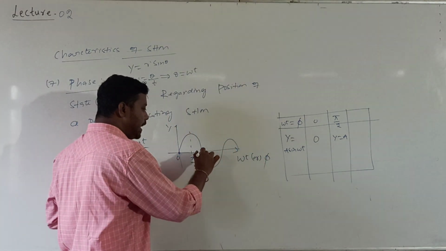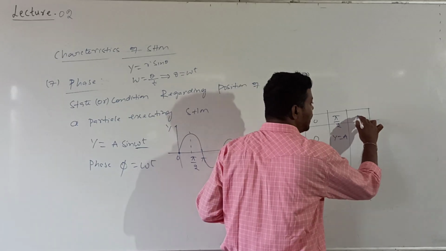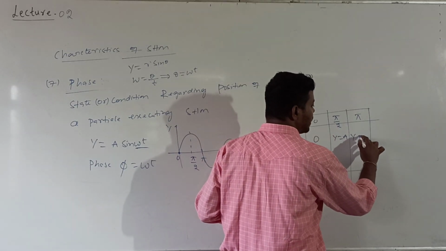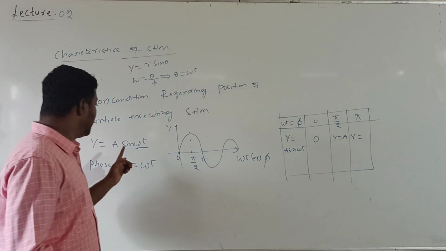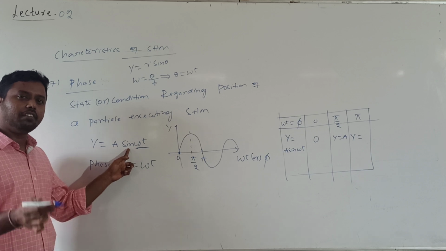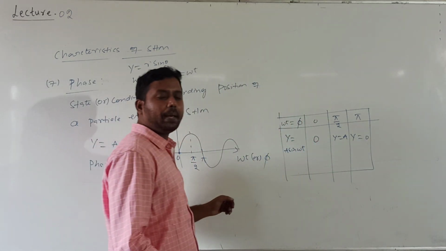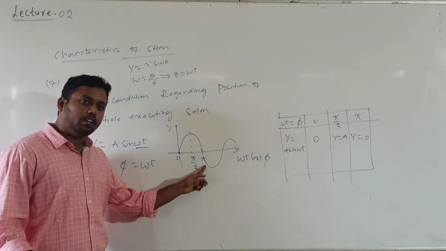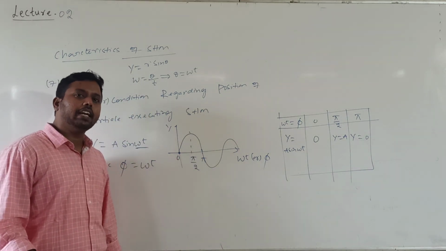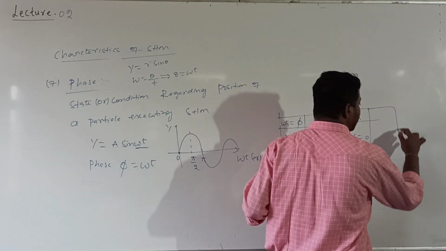Next, here, what is the phase value? Pi. Then y is equal to a sin pi, and sin 180 is 0. So y is 0. What does it mean? Whenever the phase value is pi, the particle is again at the mean position.